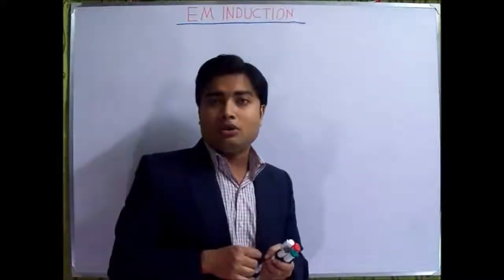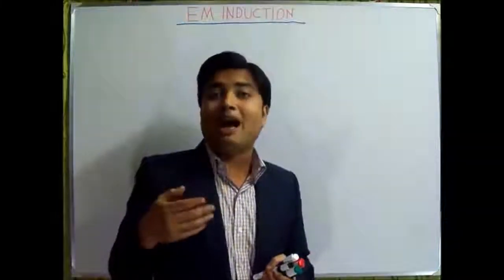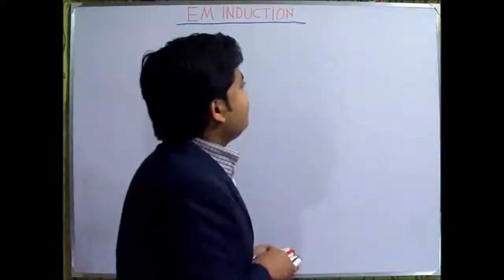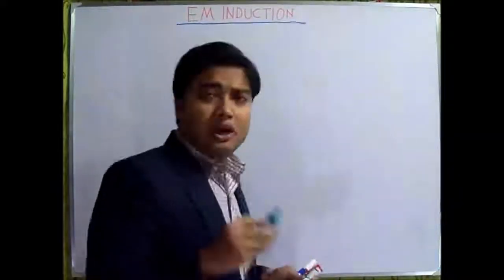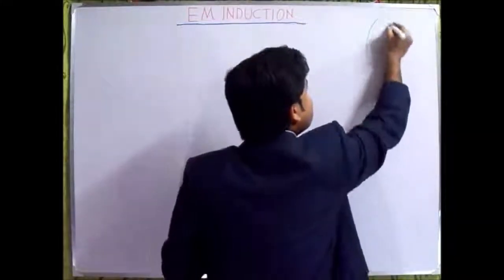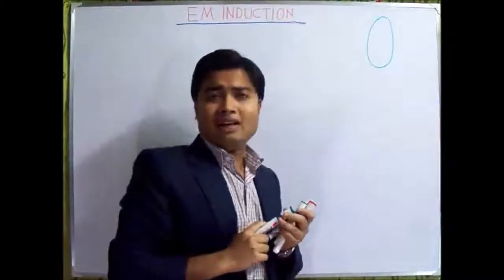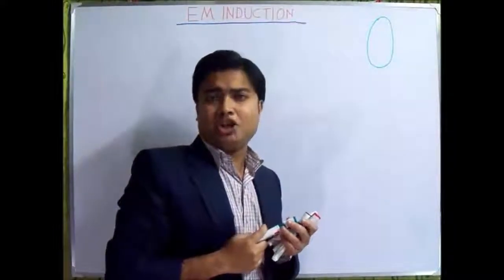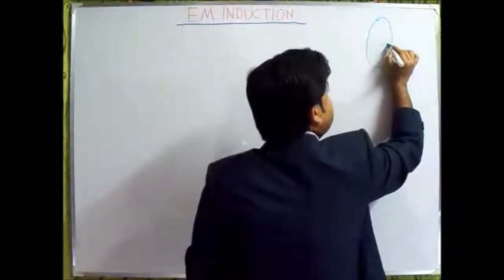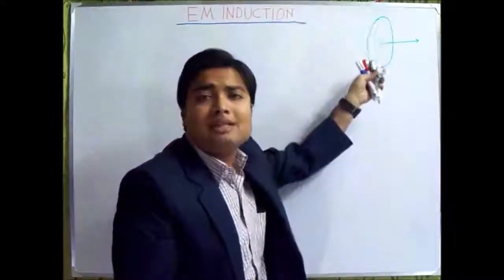We have learnt about the magnetic field and the magnetic lines of force. Now, what is this magnetic flux all about? For example, we take a particular area. All of us know that the vectorial representation of the area is always normal, or perpendicular, to the plane of this area.